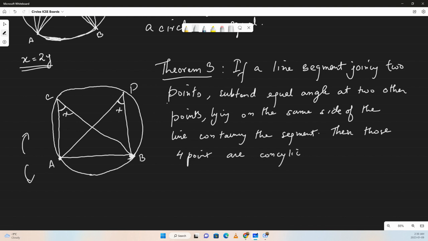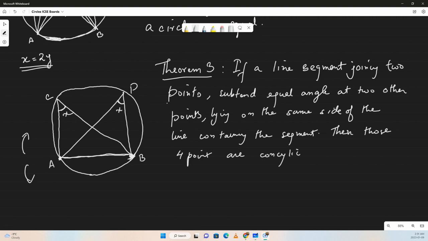If this line segment is subtending equal angle at two other points, then all those 4 points are concyclic. Okay, so that is theorem 3. There are proofs of all these theorems, which we are not getting into since this is a revision, but you can always look at those proofs in your textbook. We are explaining the theorems and then we'll go on to the problems. So this is theorem 3, again the converse of the previous theorem.